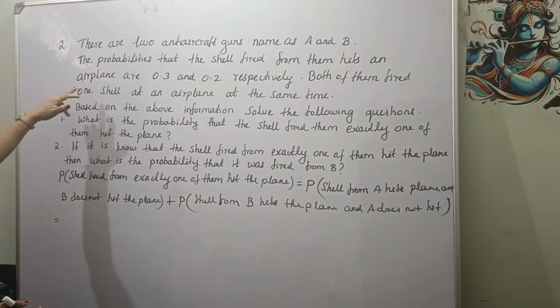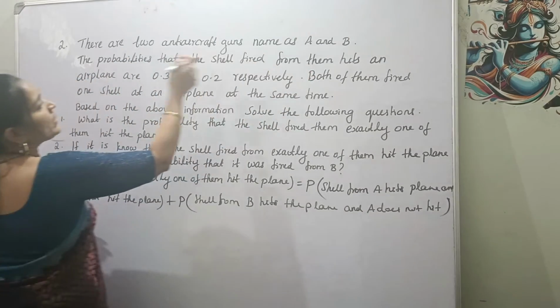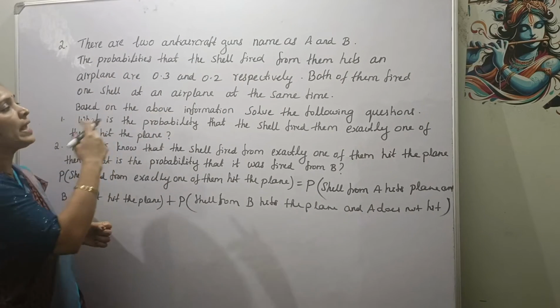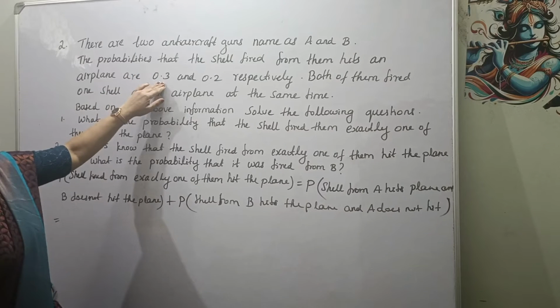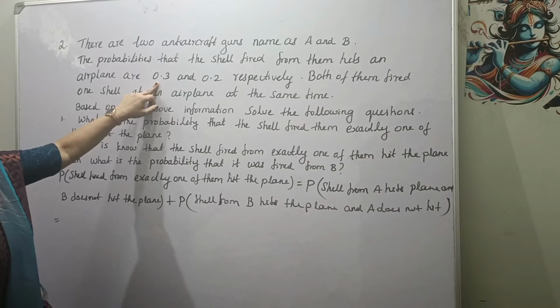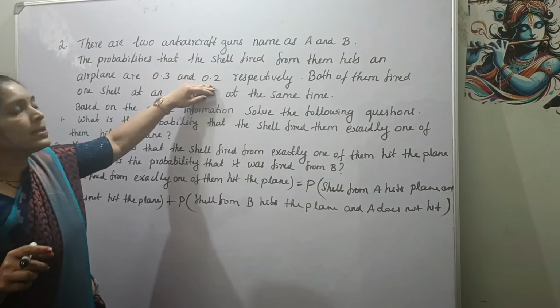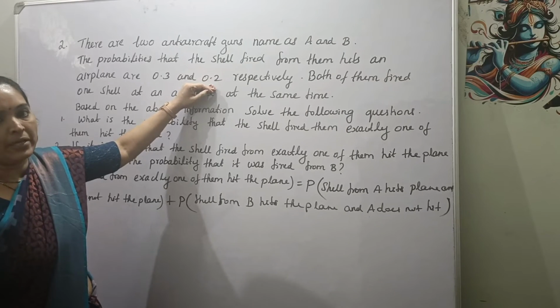The probabilities that the shell fired from them hits an airplane are 0.3 and 0.2 respectively. Therefore the probability of shell from A hits the plane is 0.3 and the probability of shell from B hits the plane is 0.2, right?